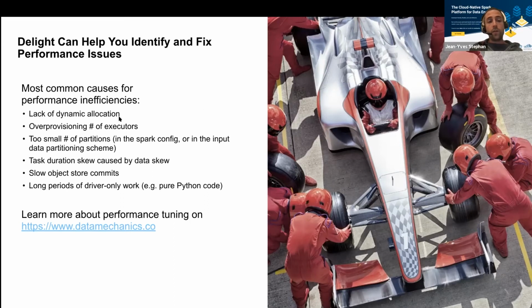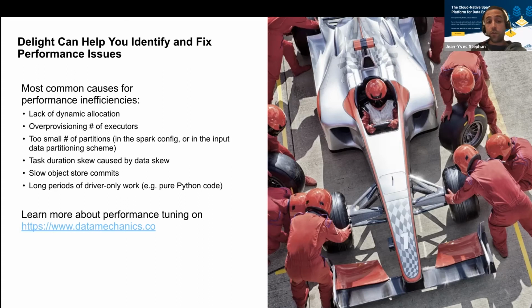One common cause is the lack of dynamic allocation, meaning you have a fixed number of executors, while it would be more beneficial to add and remove executors dynamically. This is particularly important for notebooks because you might start running a notebook and then go into a meeting for an hour, and you'd like the resources associated with your notebook to scale down while you're away.